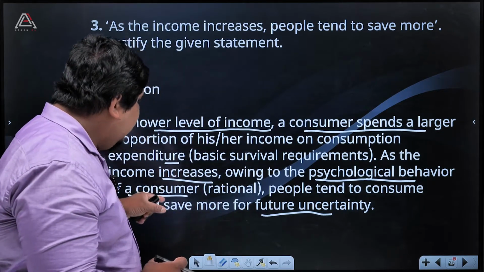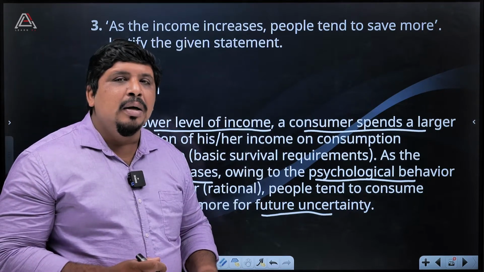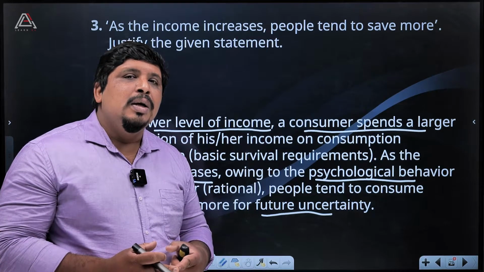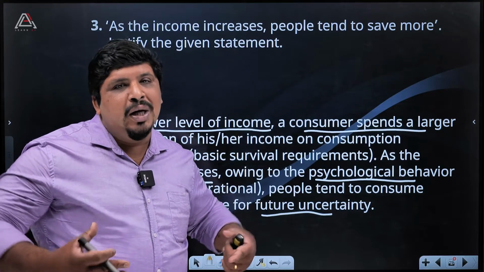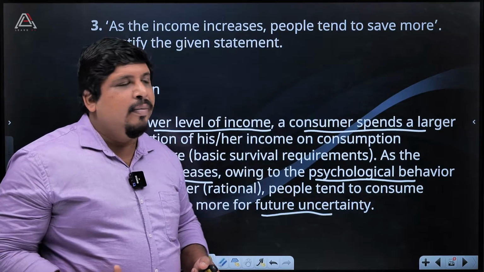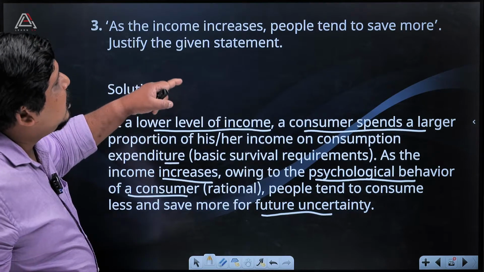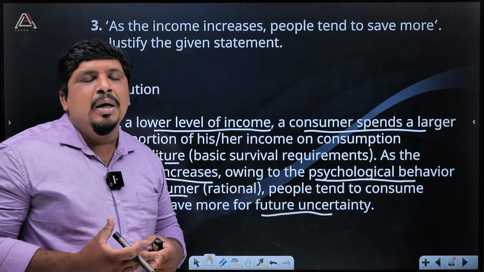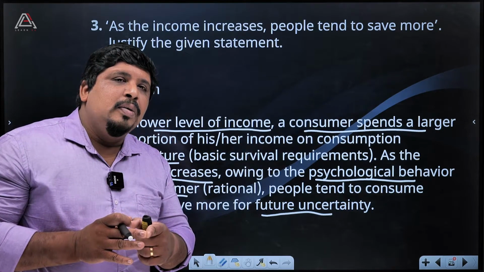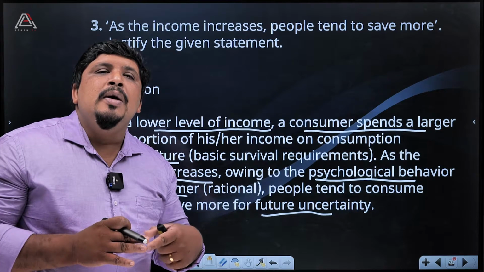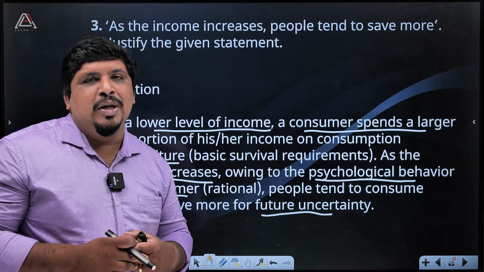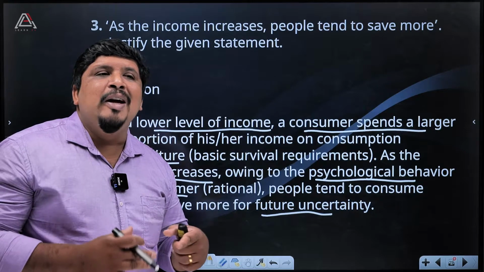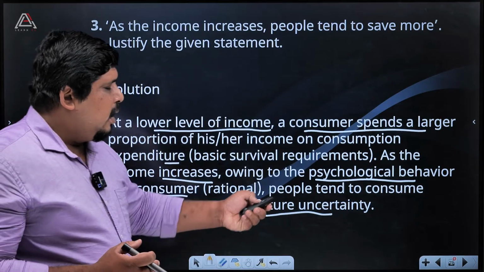But the 5 lakh income people think, I have enough money, I only need 50,000 for my monthly expenditure, so the rest of the money I will save for future uncertainty. They will definitely save. That is the psychological level of people. Lower income people will spend their entire income on consumption expenditure, but higher income people will save a part of their income for future uncertainty.